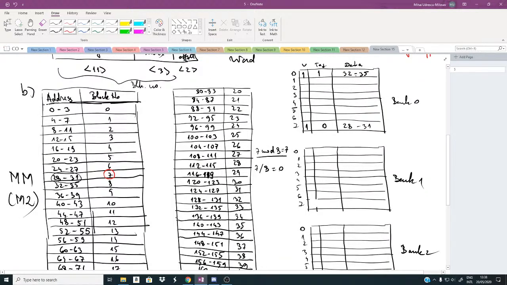It's the same thing for the next blocks and the next words the processor needs. From 36 to 39, it's the same. Then this is block 9. 9 modulo 8 is 1, so the index is 1, and so on.